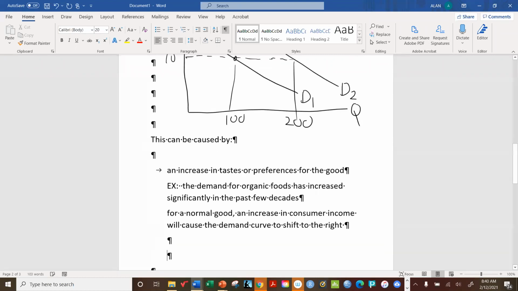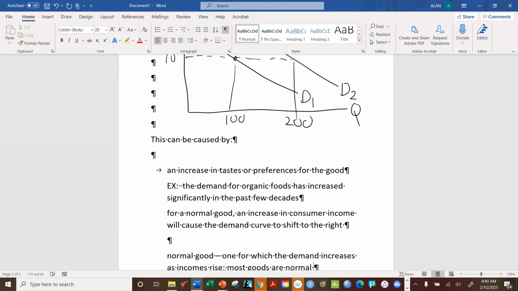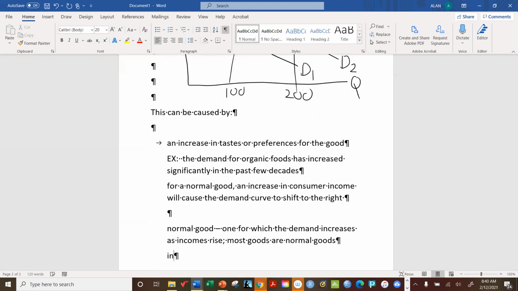And I'll just remind you that a normal good, let's do that first, is one for which the demand increases as incomes rise. Most goods are normal goods. Okay, the vast majority of them. An inferior good is one for which the opposite happens, for which the demand decreases as incomes rise.